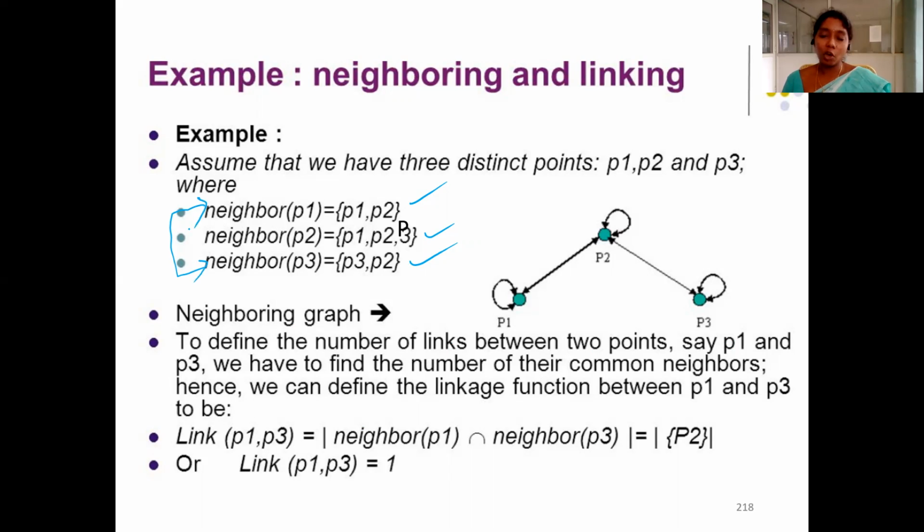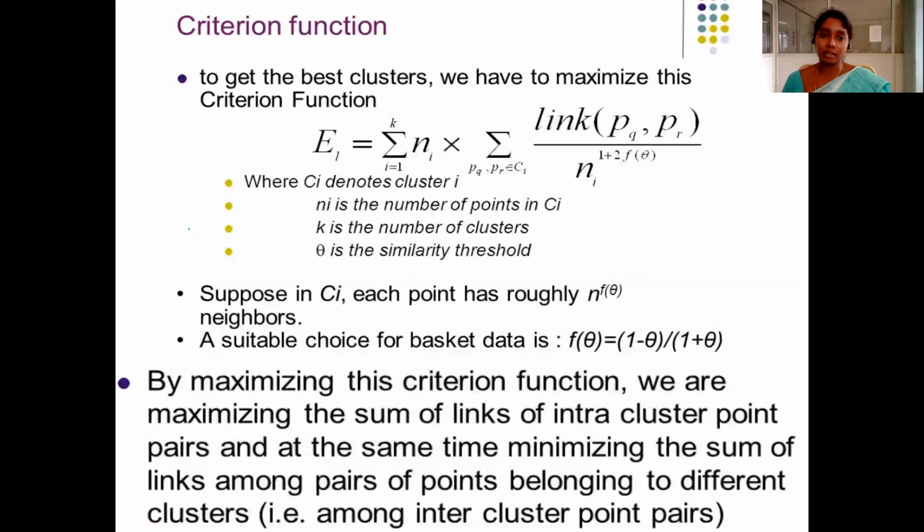How many common neighbors are there between P1 and P3? Only one, P2. Since there is one common neighbor, one link is possible. Like that, you can identify the neighbors, and thereby the links.